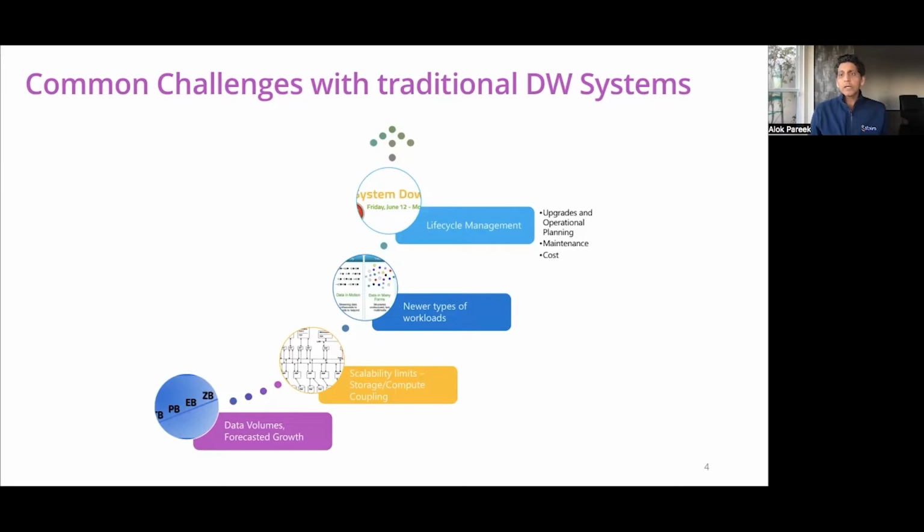The second part has to do with the fact that the variety of data that you're operating on is no longer just limited to structured data, where traditionally your reports would just take a look at largely relational structured data from your operational systems. Increasingly, we see a mixed workload, and that mixed workload tends to comprise not just structured data, but also data that's coming in from your semi-structured or unstructured sources.